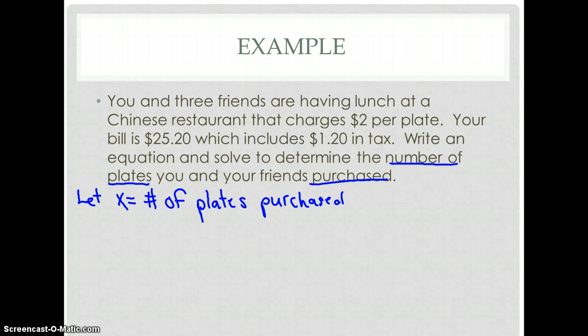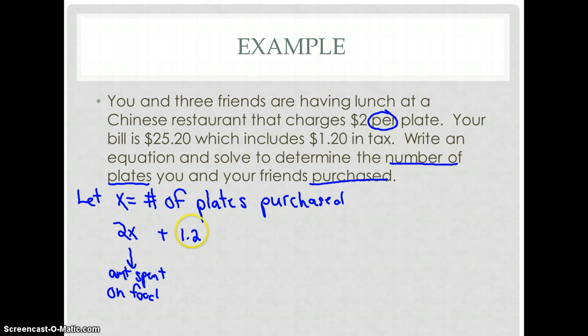From here, we go to write this equation. This word per, $2 per plate. Well, x represents the number of plates, so I'm going to have 2x. This is the amount spent on food. In addition to what we spend on food, we have to spend $1.20 on tax.